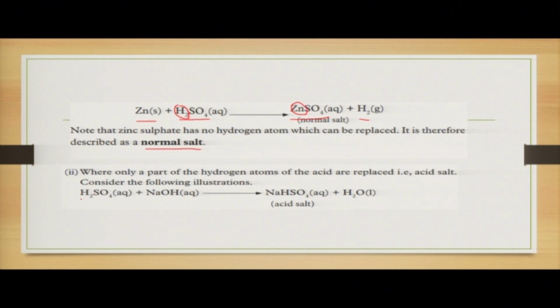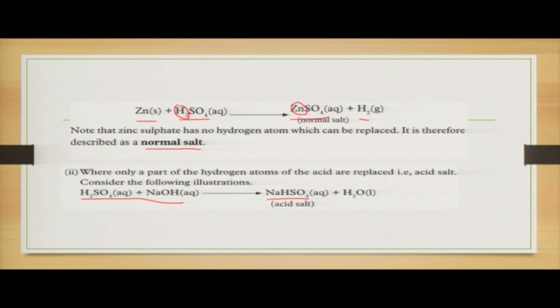When you come down to the reaction below, we are having sulfuric acid combining with sodium hydroxide. So we are having sodium hydrogen sulfate. There is a hydrogen atom that has remained there. And what is the meaning of that? It means that that salt is an acid salt. Normal salts, acid salts.